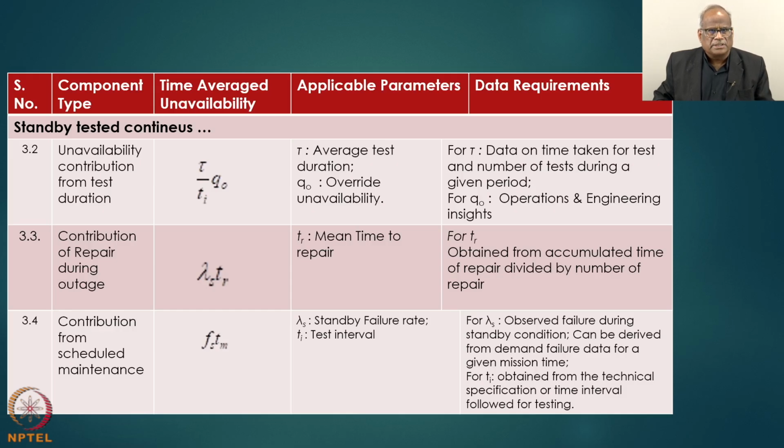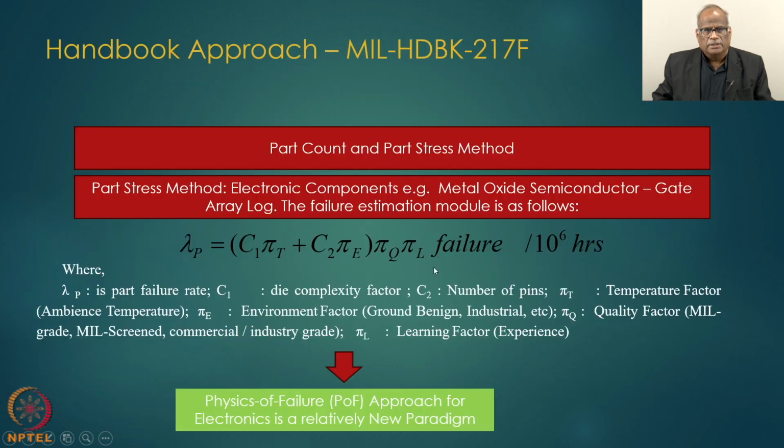So tau is the average test duration, and Ti is the test interval, whatever we have. And then the contribution of repair: lambda, standby failure, into repair, the mean time to repair, and then the contribution from scheduled maintenance. So Fs, that means component failure probability, into maintenance time. So test interval, lambda is the standby failure rate actually.